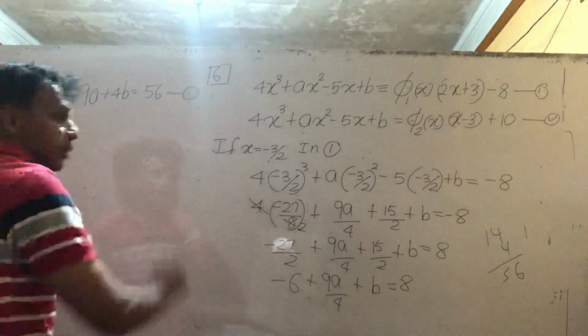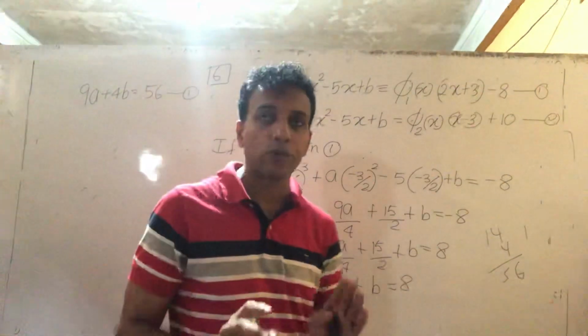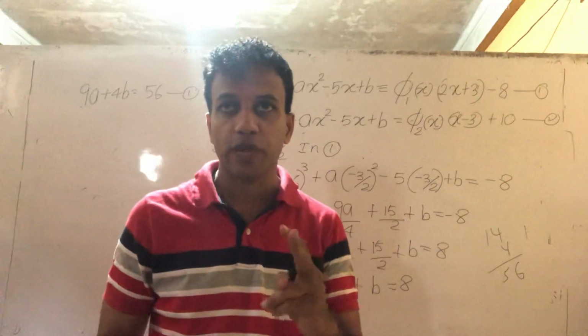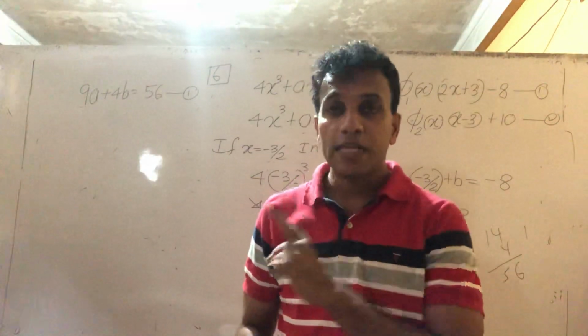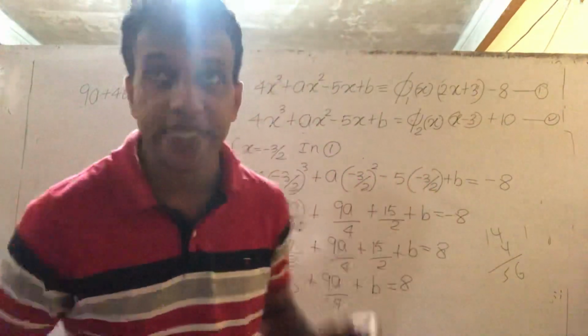This is one equation. To solve such a pair, you need two equations in terms of a and b. This is one equation involving a and b.